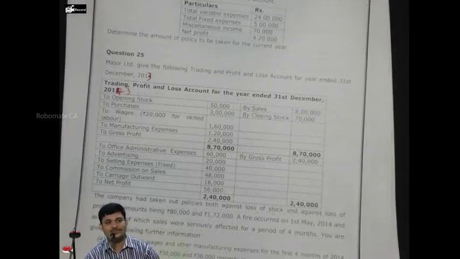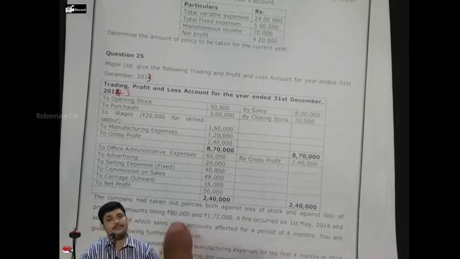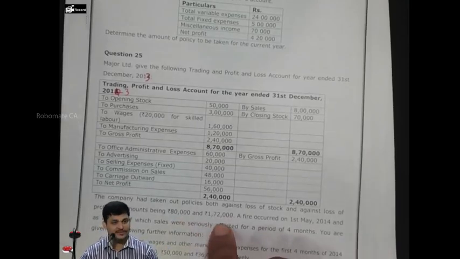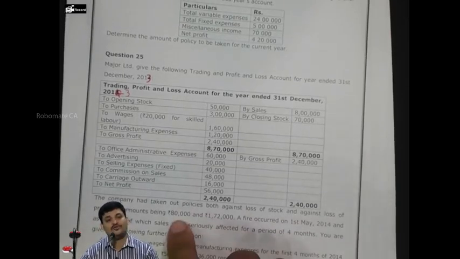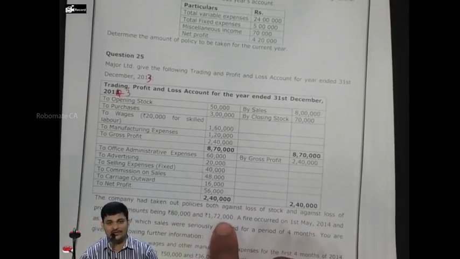The question involves loss of stock as well as loss of profit. 4 plus 8 steps, total 12 steps. Separate policy has been given for separate loss. Loss of stock is separately insured for 80,000. Loss of profit is separately insured for 1,72,000.